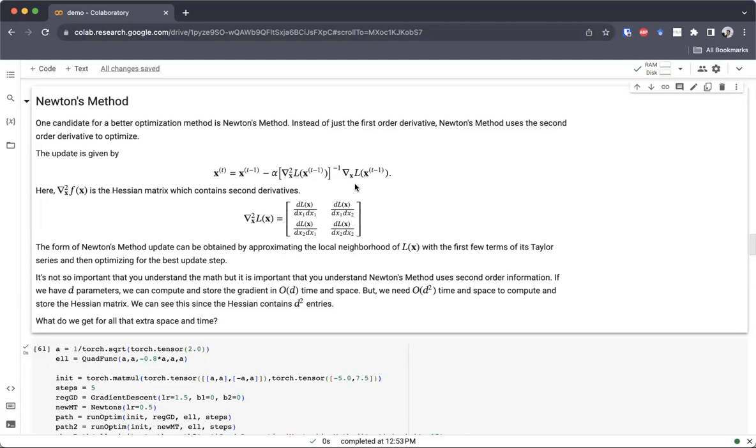It's the difference between a linear rate of updates in computation, which in the case of d equals a million would be a million, but if we use something like the Hessian, it would be d squared, which is now, instead of 10 to the 6th, 10 to the 12th, which is much, much larger, and it's not a scaling that we want. So we probably won't end up using Newton's method, but we're curious whether this gives us anything.